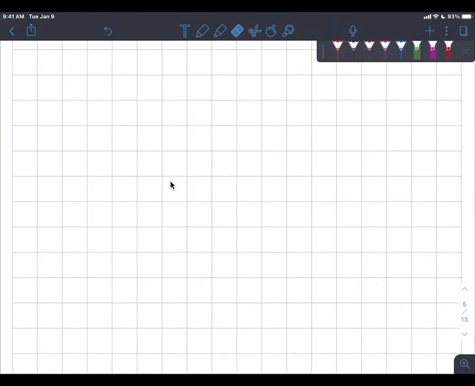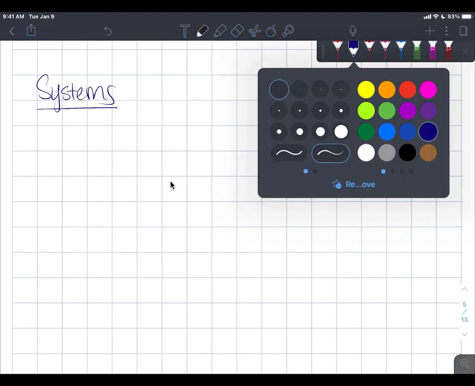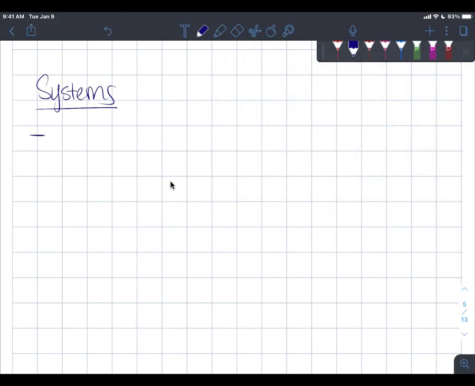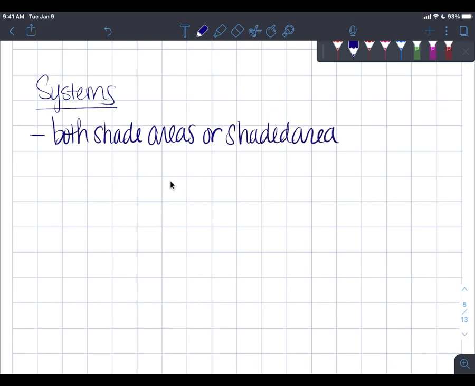So, if we are dealing with systems, meaning two equations at one time, it must be in both shaded areas or shaded area and solid line. Okay, same exact rules.